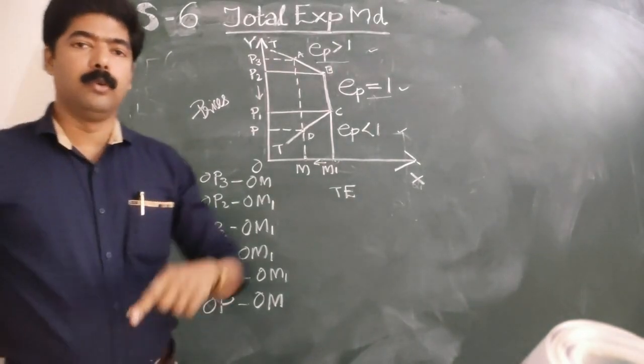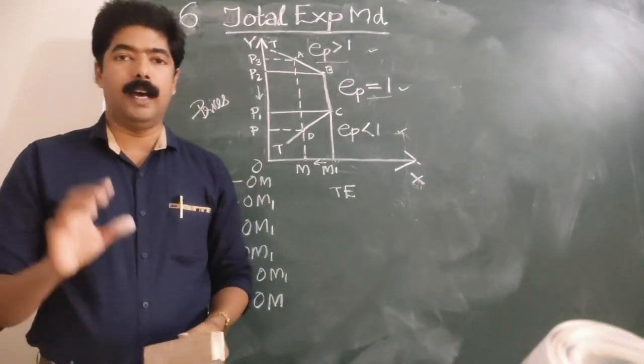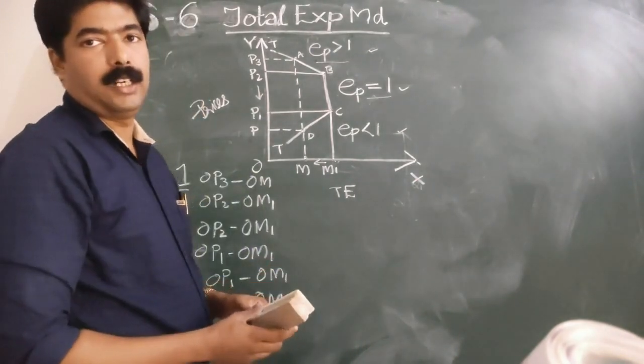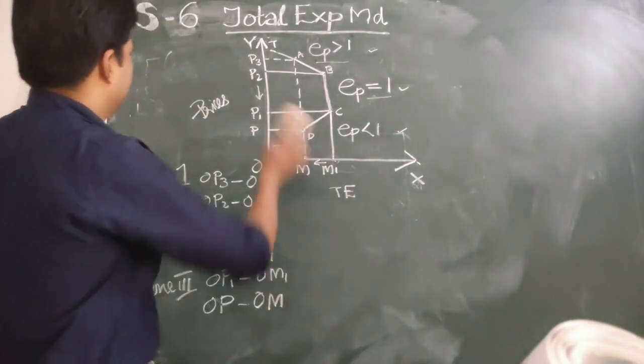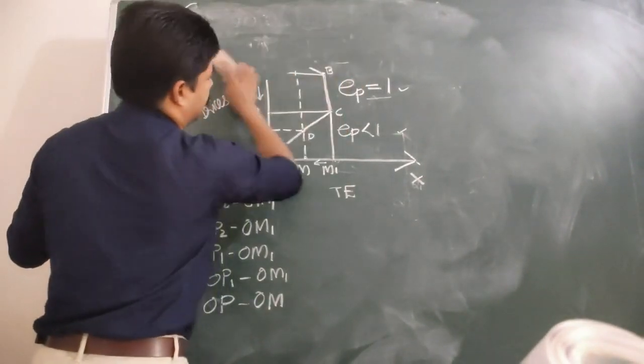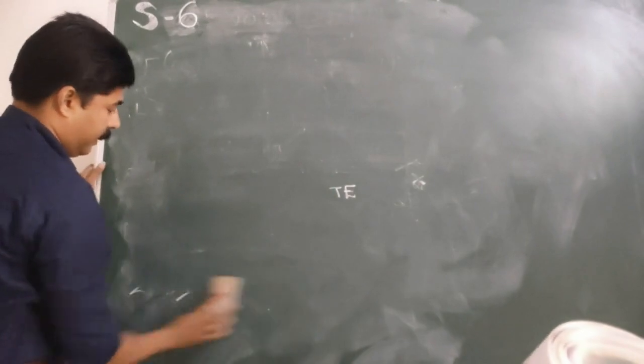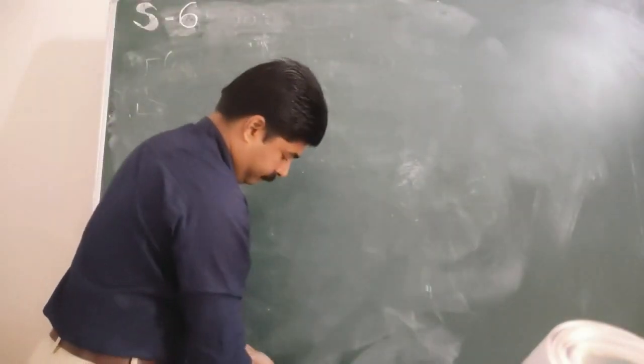Now we will move to the third method of calculating price elasticity, that is the point method or geometric method. So you can write the third important method of calculating price elasticity of demand is the point or geometric method.